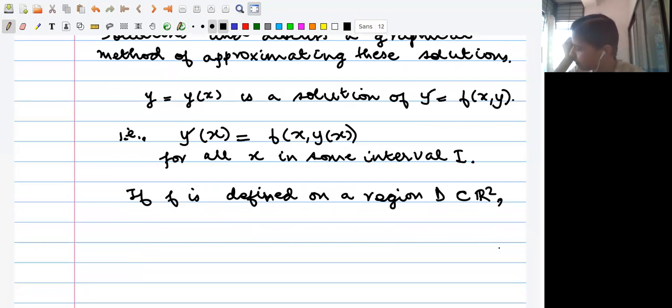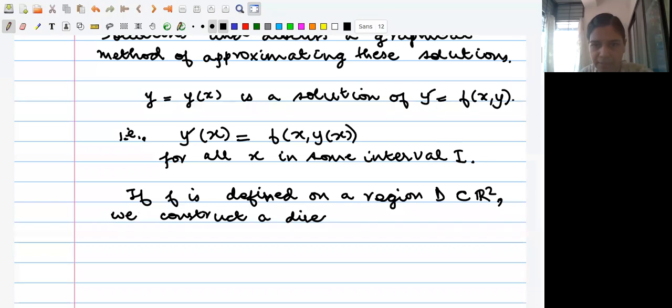We construct a direction field corresponding to this given first order differential equation in D by drawing the following thing. So let me write down, maybe that will help clarify things. So we construct a direction field for this differential equation.